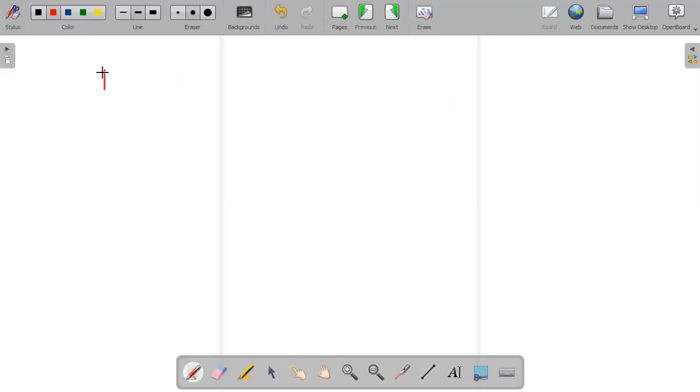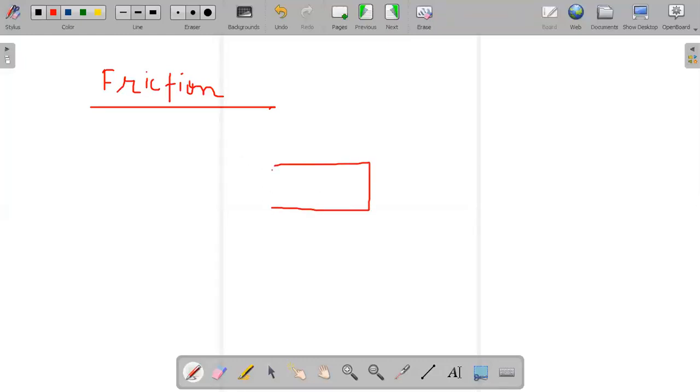What is friction? Force into normal. मतलब if a block is there on any surface, means if two surfaces are in contact with each other, the surface of this block and the surface of the floor are in contact, then there should be a friction and its coefficient should be mu.